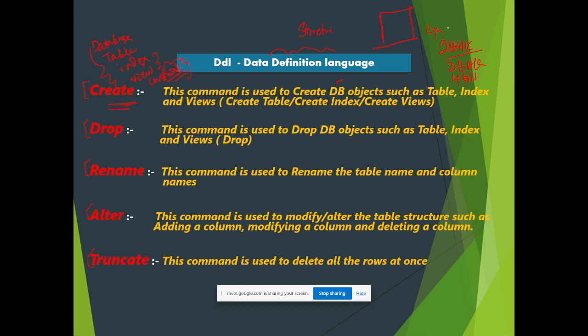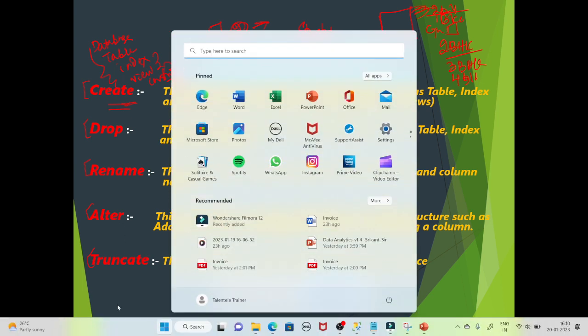Ground floor you will have parking, then on the ground floor a 1 BHK setup, then on the first floor a 2 BHK setup, and on the second floor two 1 BHK setups, so that you can give them on rent. Okay, so this is basically a structure. So how are you going to create a table? If you are creating a table, you are trying to define. Okay, that means what? I'll tell you now.